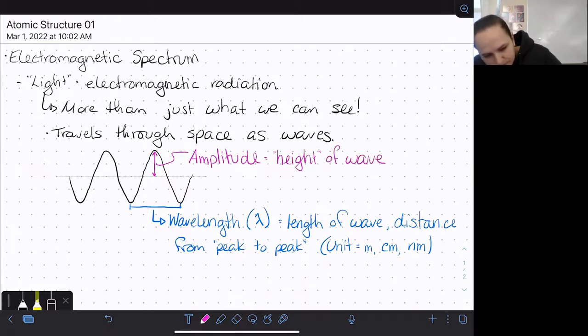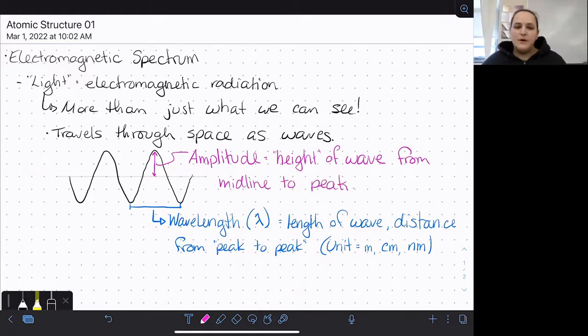So that's the height of the wave from midline to peak.